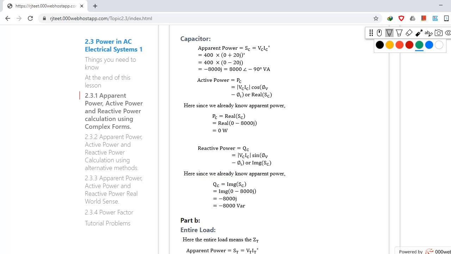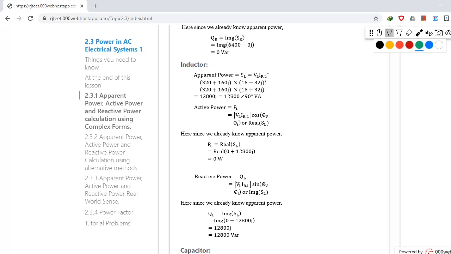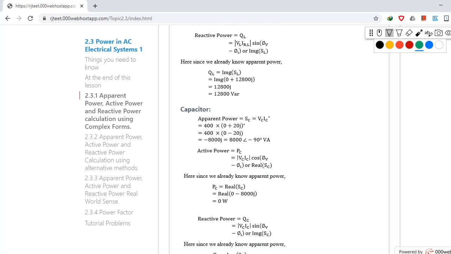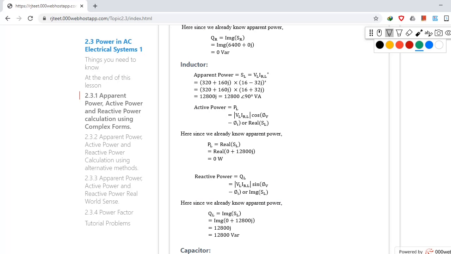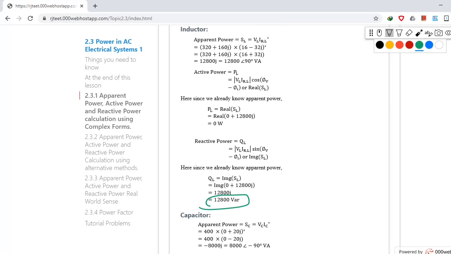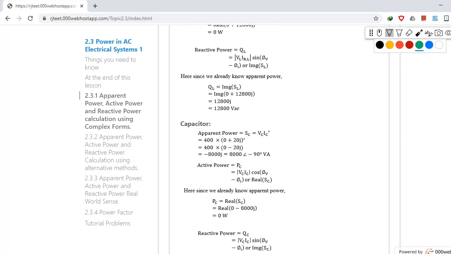Usually the capacitive elements would result in negative reactive power consumptions, while inductors simply would result in positive reactive power consumptions, right? So that is something you should keep in mind.